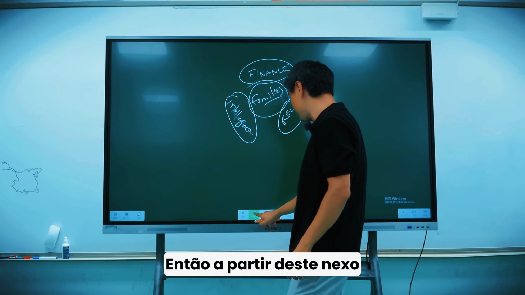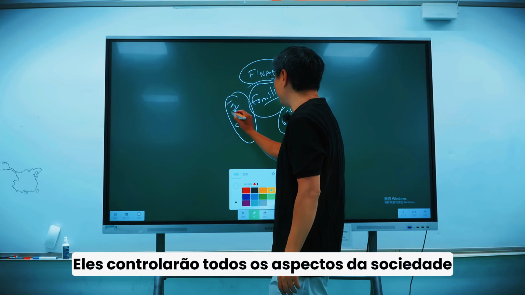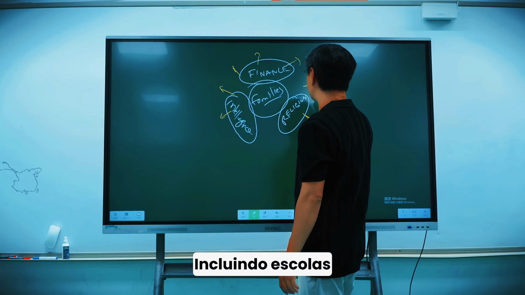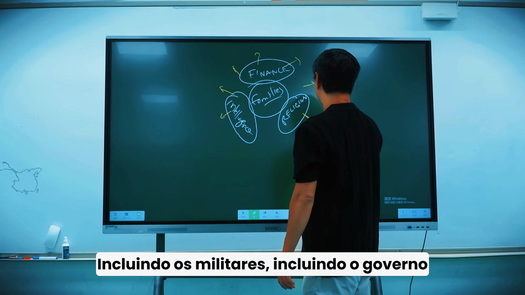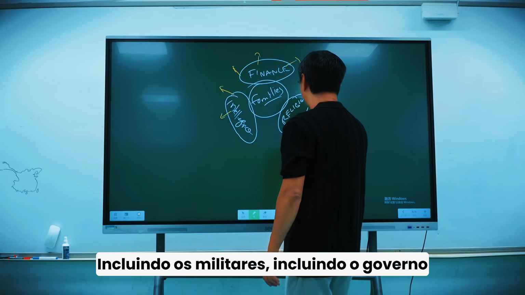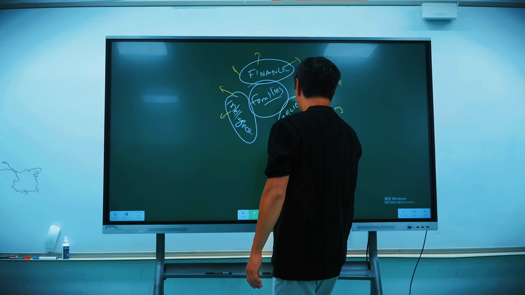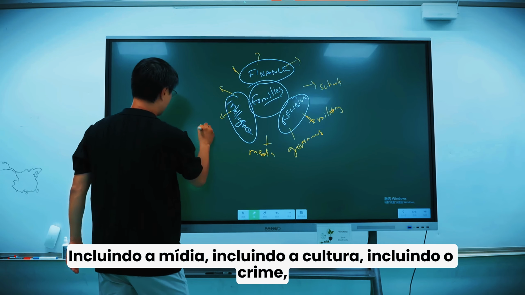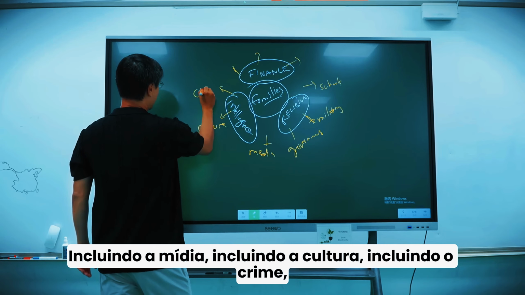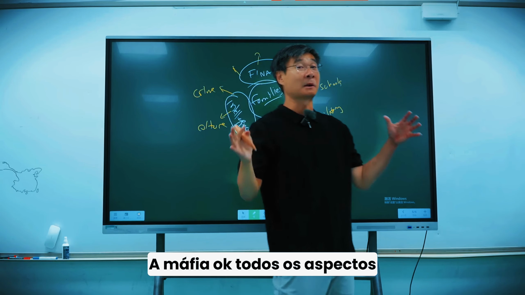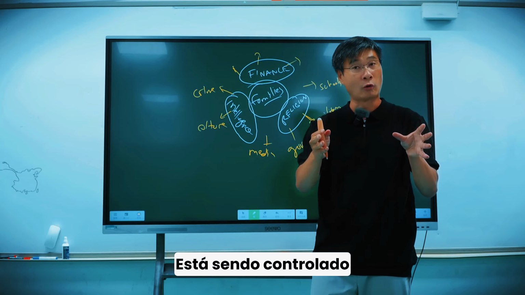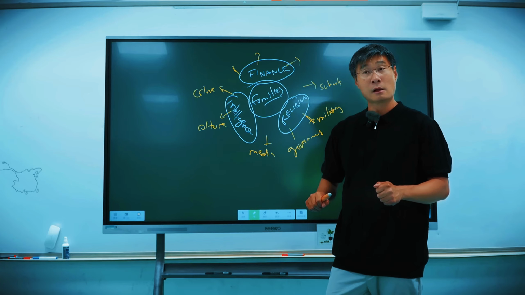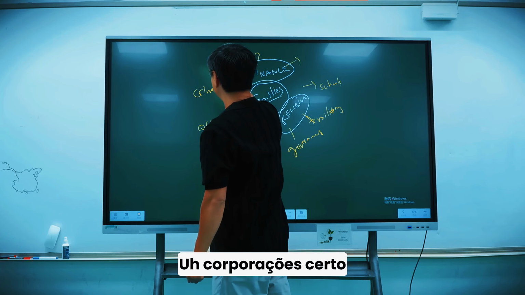So from this nexus, they will control all aspects of society, including schools, the military, government, the media, culture, crime, the mafia. Okay? Every aspect of society that you can imagine is being controlled in some respect by this nexus of power. Also, you have corporations, right?